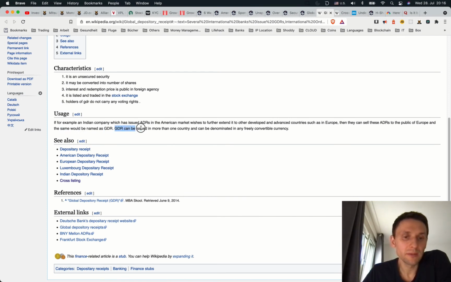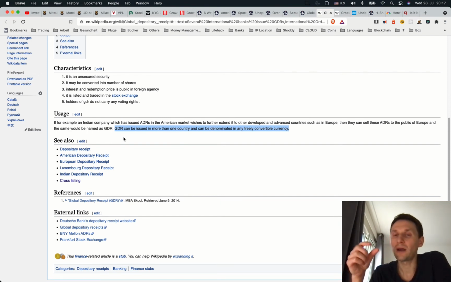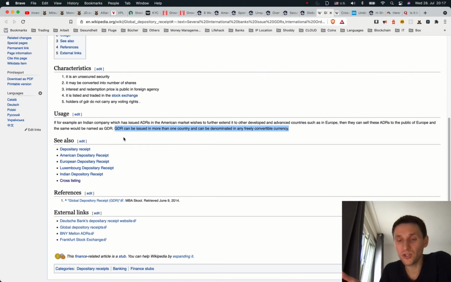And those GDRs can be issued in more than one country and can be denominated in any freely convertible currencies. So it means that this Indian company can also be traded in Europe in euros through GDR, but also it can have cross listings in other countries, like for example in Asia, and could be traded in Asia in their local currencies as well, also through GDR.